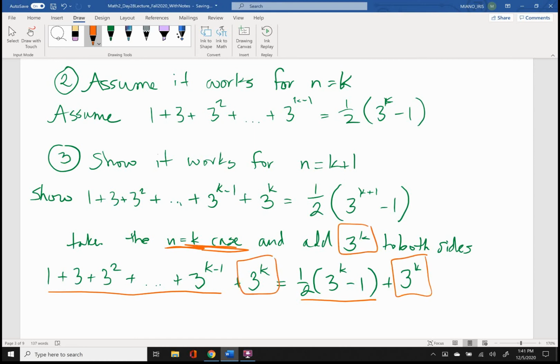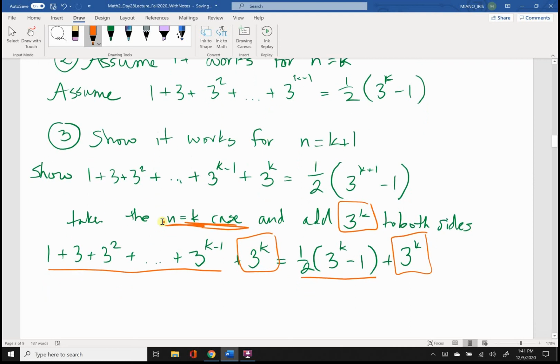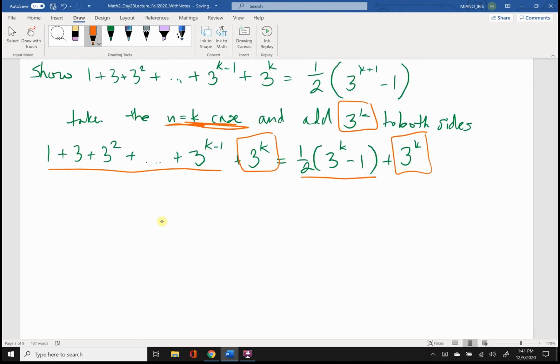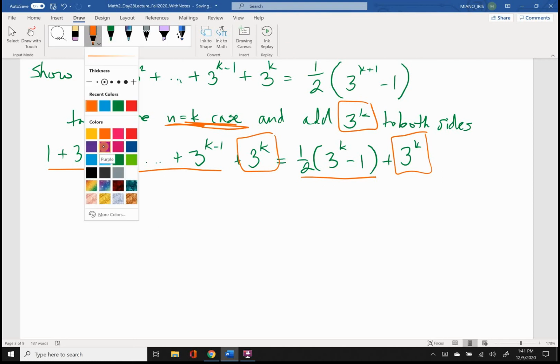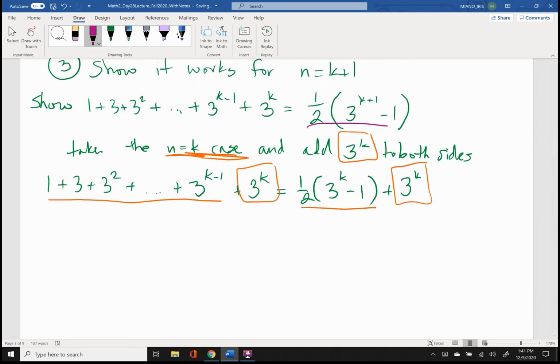Now I'm just going to, from now on, manipulate the right-hand side of this equation, and I want to make it look like what I'm going to underline in this magenta-purple.